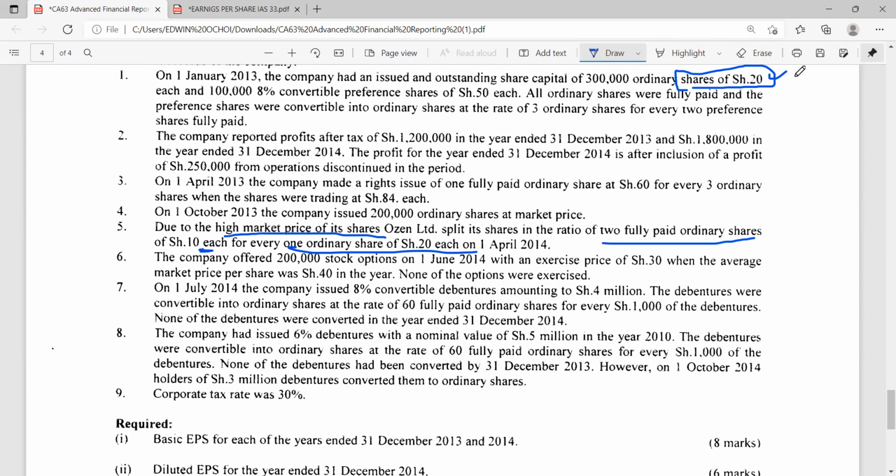So they want to split the shares so that they make them cheaper. That is why they are going down to make per share at shillings 10. So they are reducing the price per share from 20 to 10. So that is why you are given a proportion of 2 ordinary shares of shillings 10 for every 1 of 20 each.